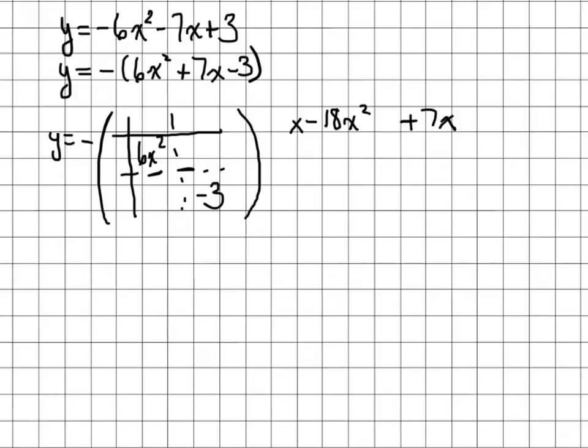So we know we need to have a positive and a negative because the multiplication is negative. And so when I look at the factors of minus 18, I'm going to go with 9 and minus 2, and actually those work. So 9 minus 2 gives me 7, and 9 times minus 2 gives me minus 18.